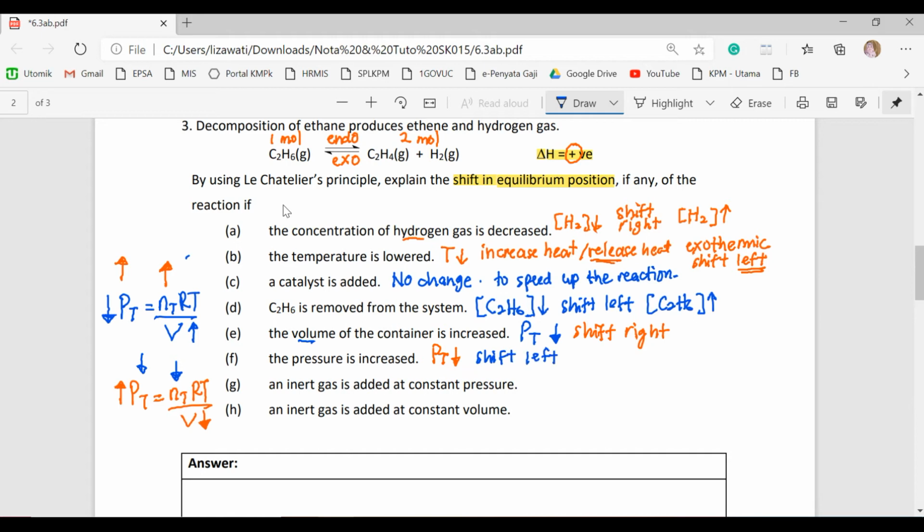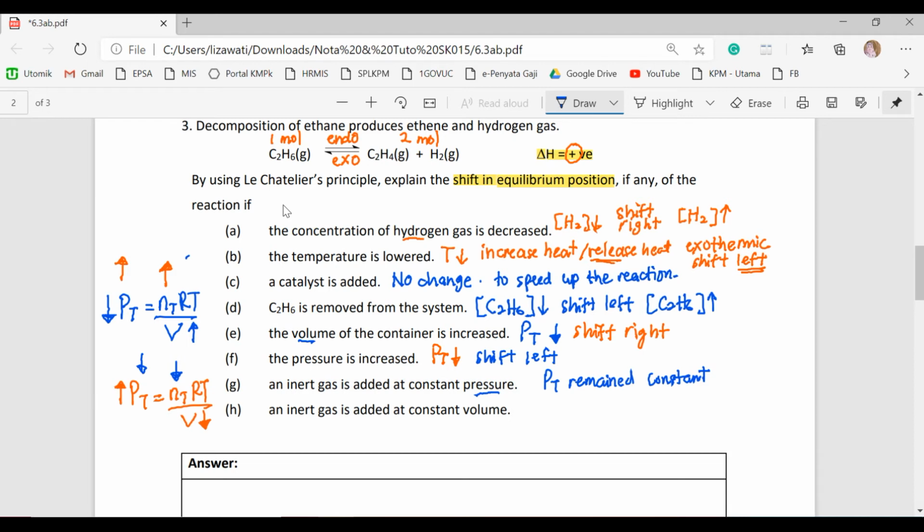Alright, next, inert gas is added at constant pressure. So when the pressure is constant, the P total remains constant.